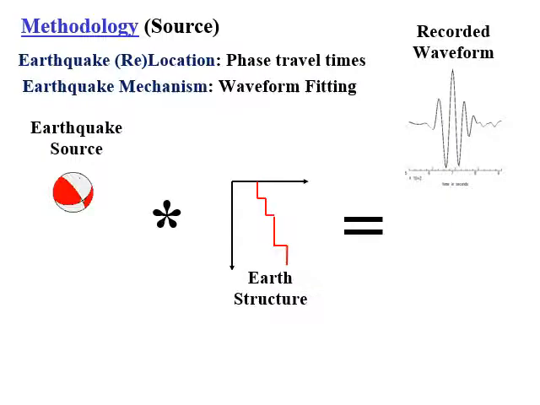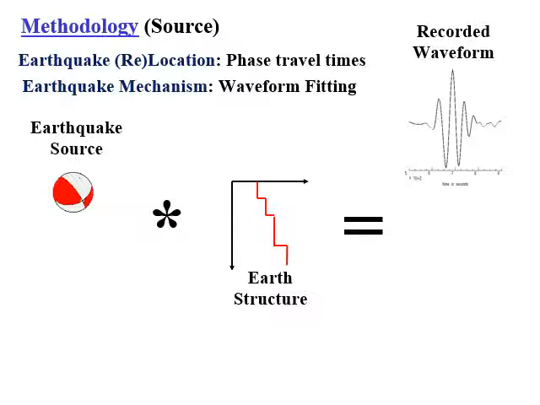I'll use a couple of slides to briefly tell you about the methodology that we are going to use, which is going to be applied for both the local waveform inversion and the teleseismic waveform inversion. The first step is to relocate these earthquakes using phase travel time data, which has already been done. And then we use waveform fitting to get the earthquake mechanism.